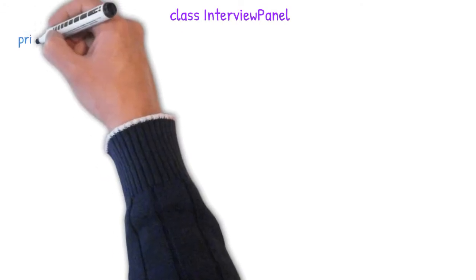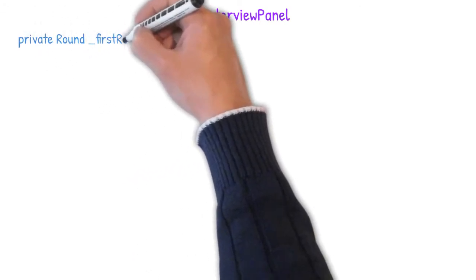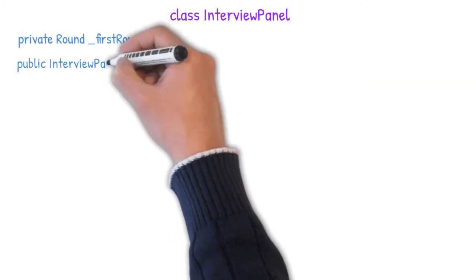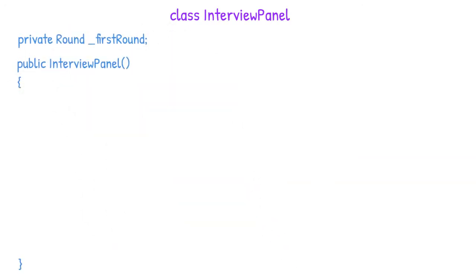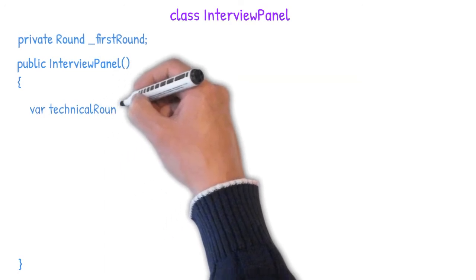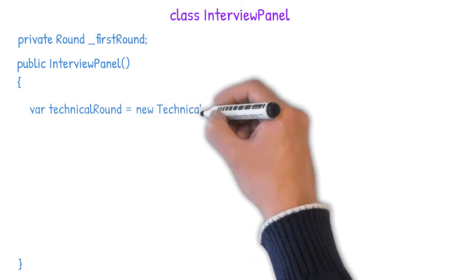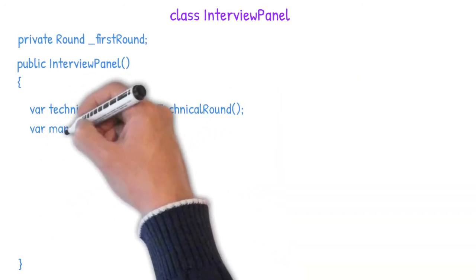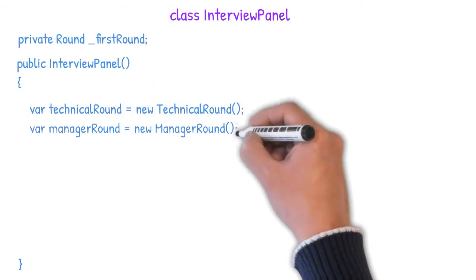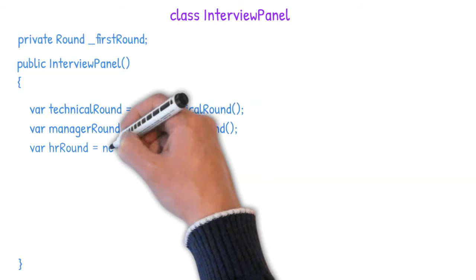So let's create the interview panel. Let's have a private member that holds the instance of the first round. And let's say for this example, the constructor will take care of managing the sequence of rounds. So the constructor will create each of the rounds like technical round, manager round and HR round.